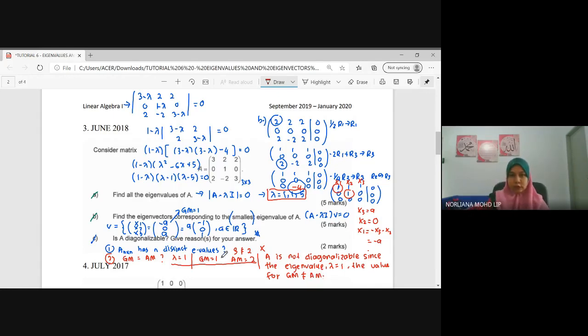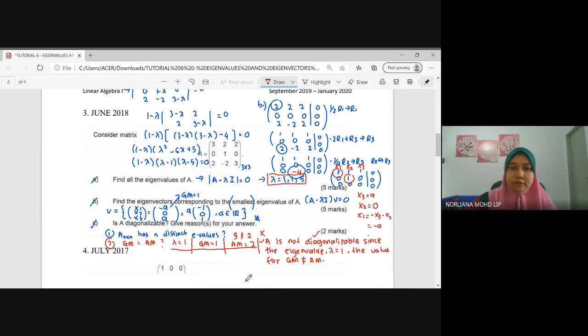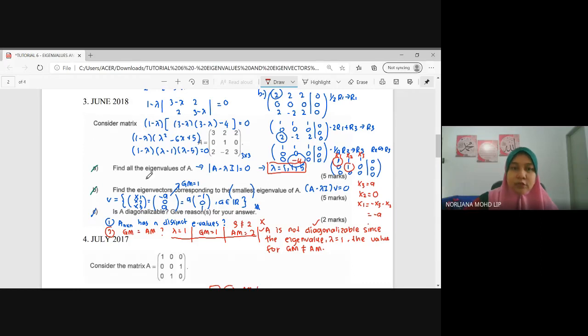Awak kena tunjuk contoh ni lah. Contohnya ni, nilai dia. So conclusion ni 1 markah dan reason, dia punya contoh reason ni 1 markah. Boleh, kita tak boleh gunakan yang first condition untuk reason awak.